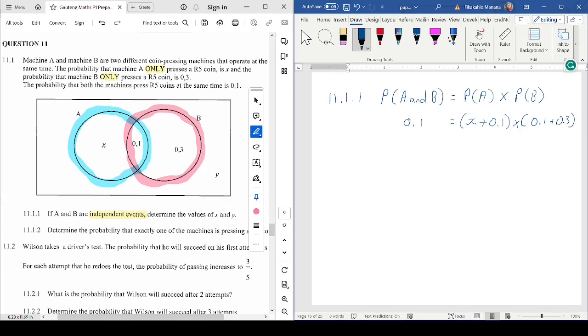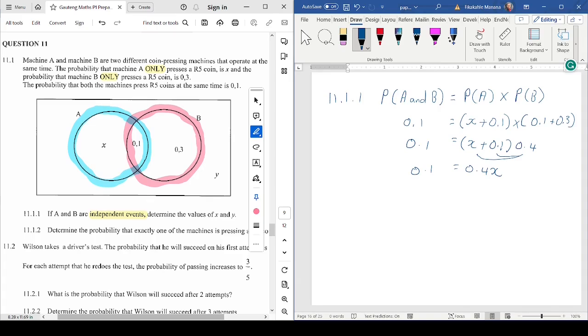Now we can just do the gymnastics. That's 0.1 there. Let's just leave this one for now. Plus 0.1, what's 0.1 plus 0.3? That is 0.4. Now what I want to do is multiply it in. So 0.4 times x, I get 0.4x. 0.4 times 0.1.